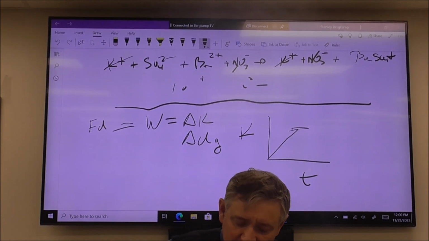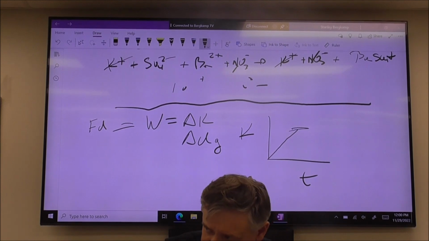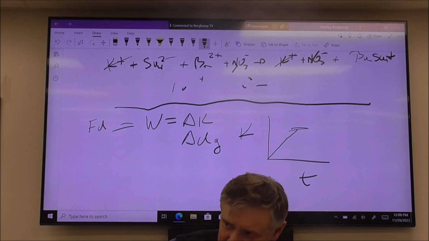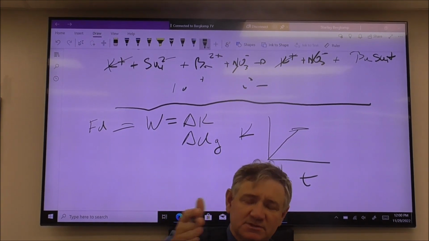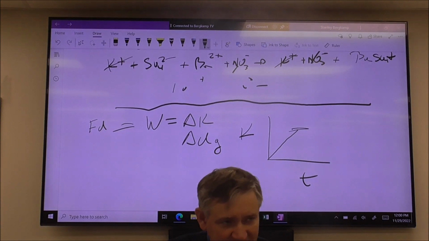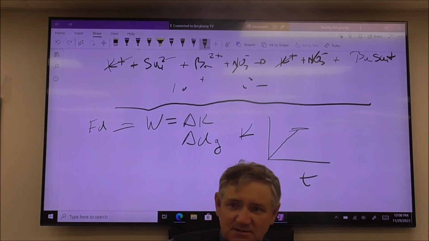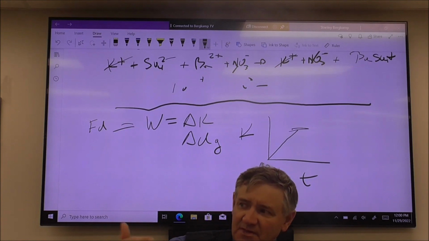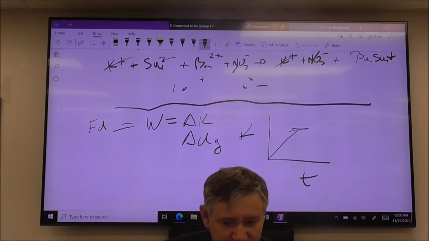Now, because you had the force and you had the distance. Then on B, it asks you to calculate the change in the kinetic energy. Well, work equals the change in the kinetic energy, so your answer to B is the exact same as your answer to A, because they're the exact same thing. Then on C, it asks you to find the final kinetic energy of the train.